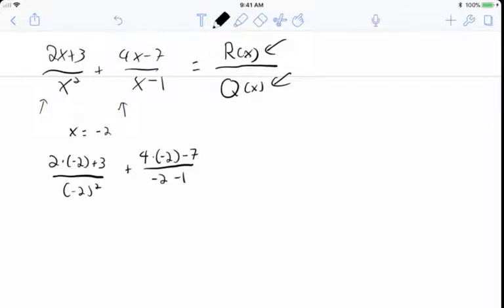So this first numerator becomes minus 4 plus 3, that's minus 1, over 4. And the second term becomes minus 15 divided by minus 3. And we can simplify this a little bit.